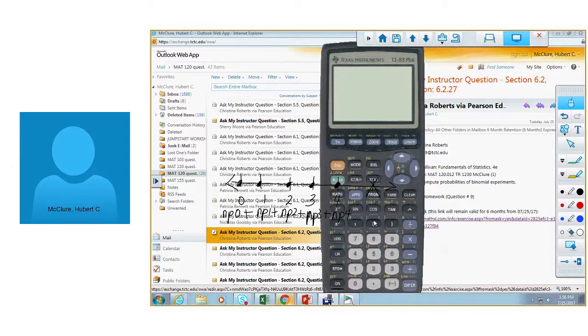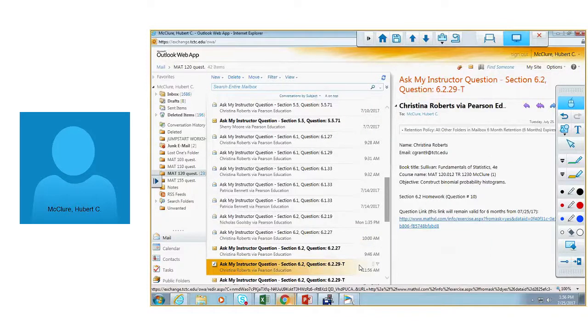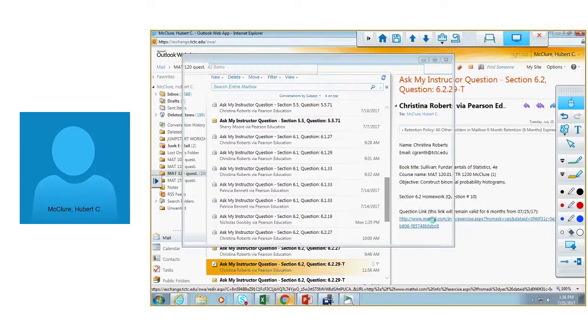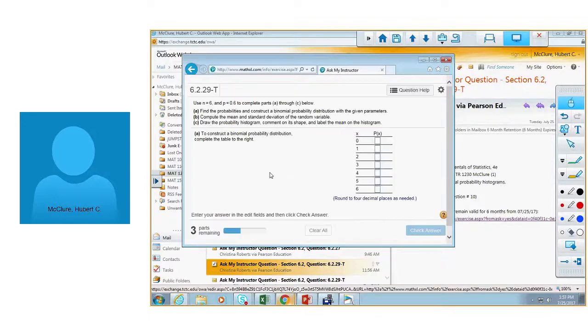Next question, 29. Use n is equal to 6 and p is equal to 0.6 and then do 0, this is x.